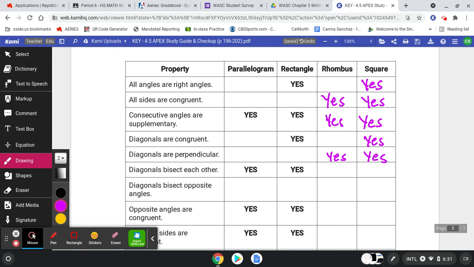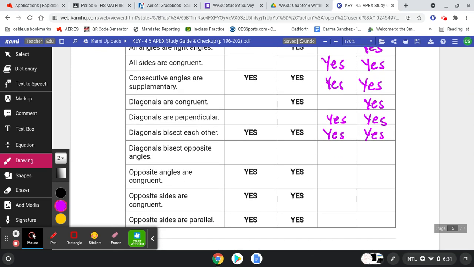The diagonals bisect each other is all 4. Diagonals bisect opposite angles is only the last 2. Opposite angles are congruent is all 4 because they're all parallelograms.